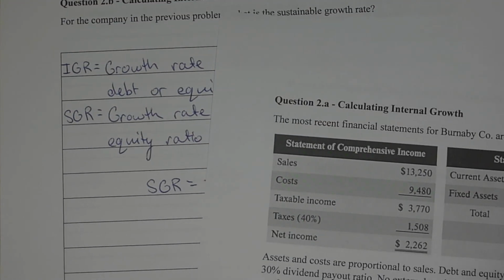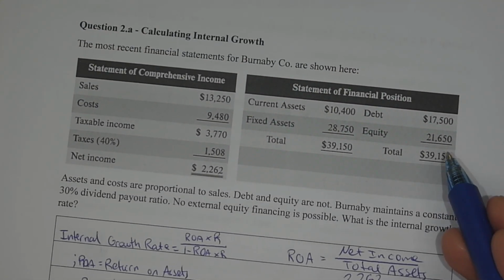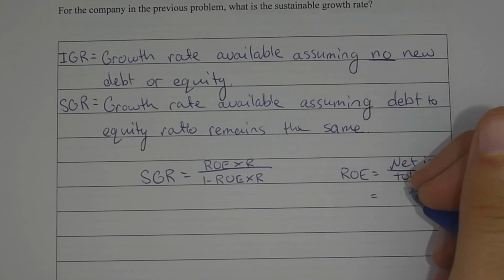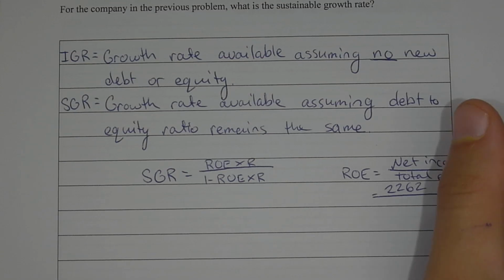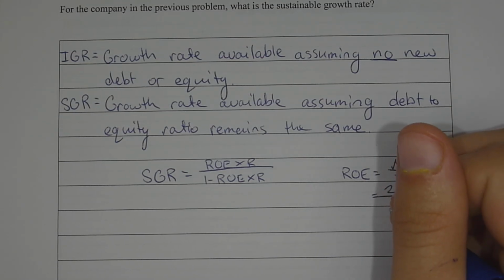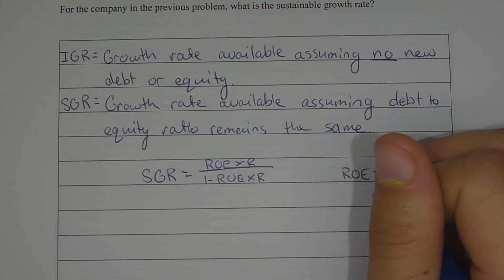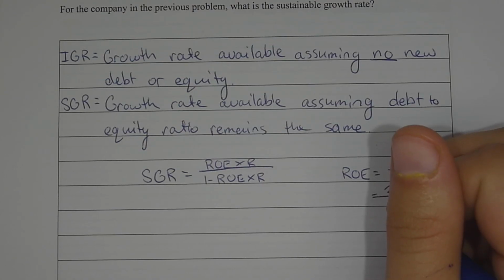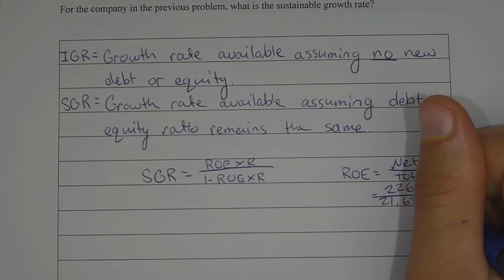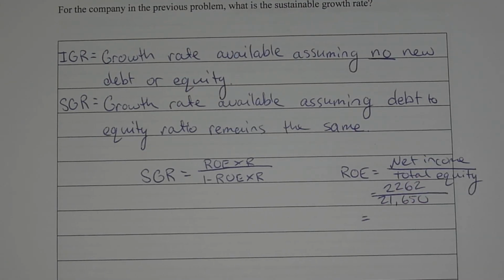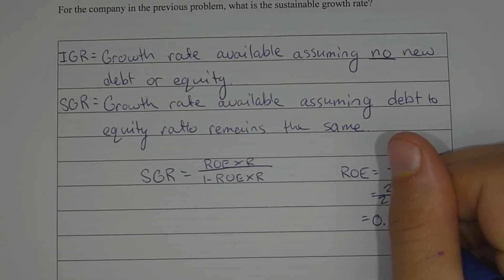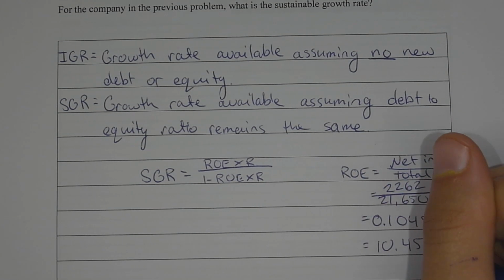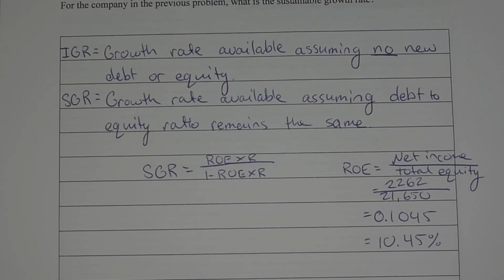Our net income being $22.62 and our total equity being $21,650. That gives 10.45%.